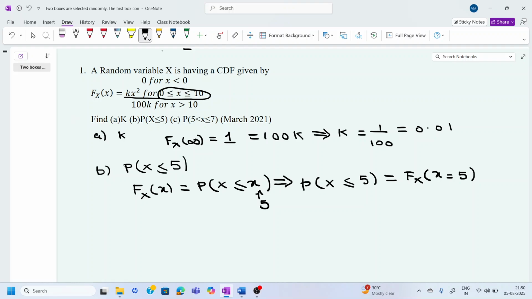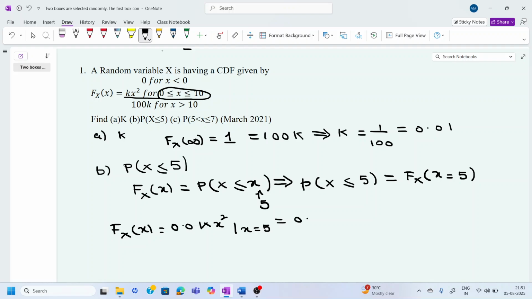So Fx of x in this range is k, whose value we have just found, 0.01 into x square. We have to find this value at small x equal to 5.